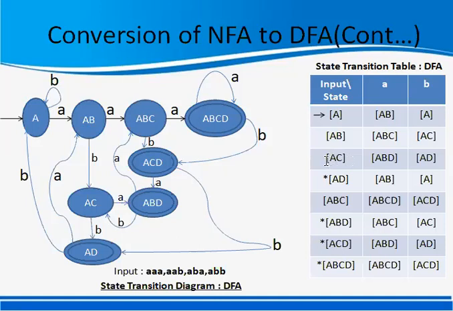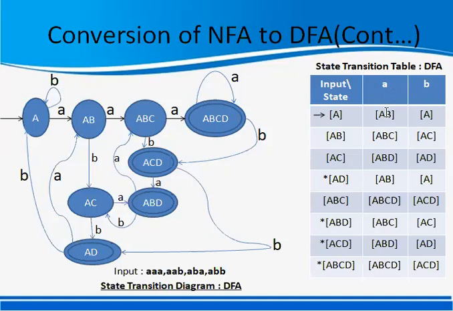Now we will see the transitions on AC. From state AC, on input small a, the next state will be ABD. Now on input small b, the next state will be AD. Now we will see the transitions on AD.